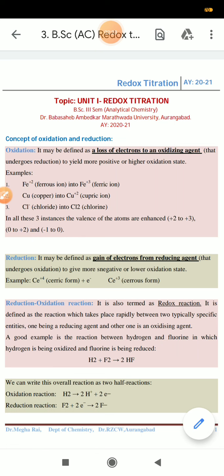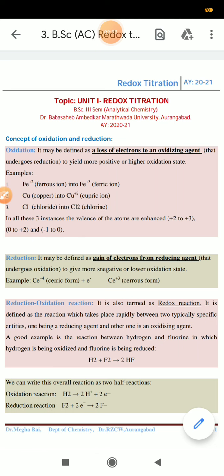Now we can also study the redox reaction. It is also termed as redox: reduction plus oxidation. It is defined as a reaction in which two specific entities take part, one being a reducing agent and another being an oxidizing agent.